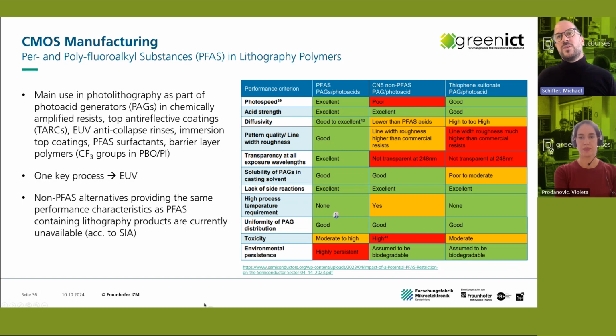But when you look at this graph, you can see that performance-wise, the PFAS-containing materials are still the best. So a lot of research has to be done to change that. Usually such materials are developed over 25 or more years, so it's really hard to change those in the complete process chain.